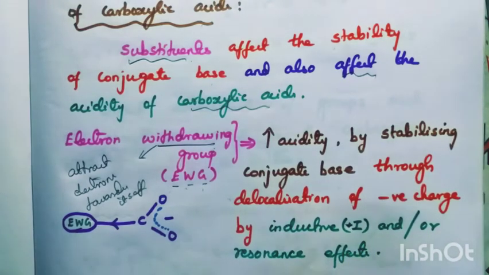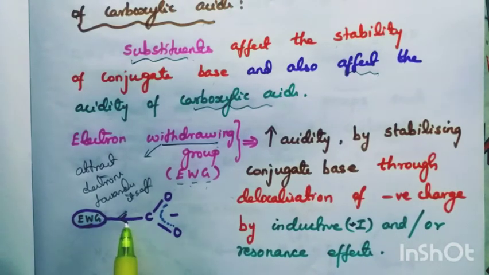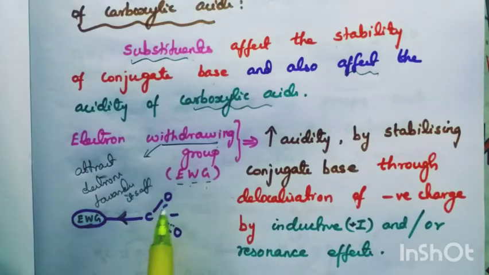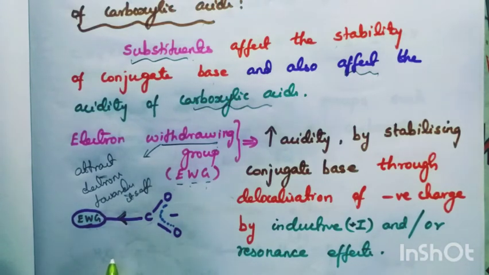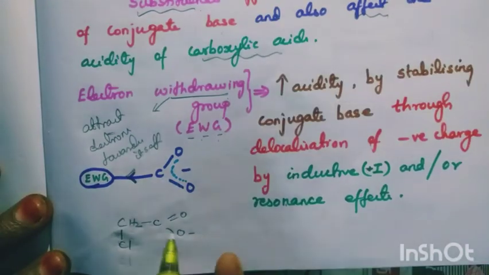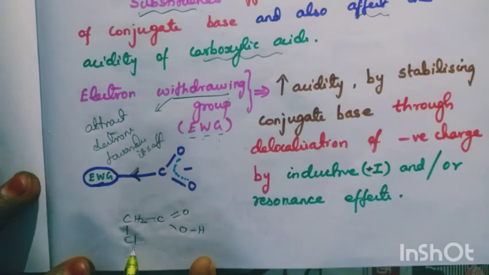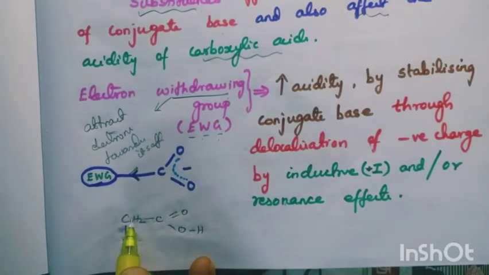Yes, it is minus. Now, electron withdrawing group attracts the electron towards itself. Let's see that: CH2Cl, C double bond O, OH, with O bond H. This is an electron withdrawing group, which means it has a tendency to attract the electron from this carbon.